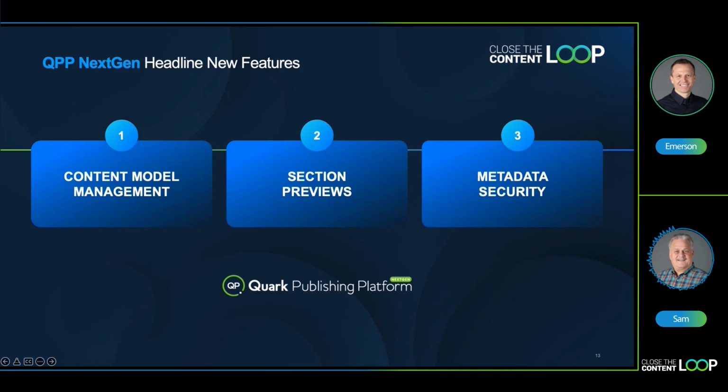Yeah, this is really critical because it helps protect your time spent on building your taxonomy and your glossary, and provides a way for the administrative team to protect the content and not allow modifications to metadata that affects the search results, the ability to find reusable content, as well as affecting the metrics of the data that's attached to the content in the repository. Right. Yeah, that's awesome. And watch out for more new features dropping soon in QPP NextGen.